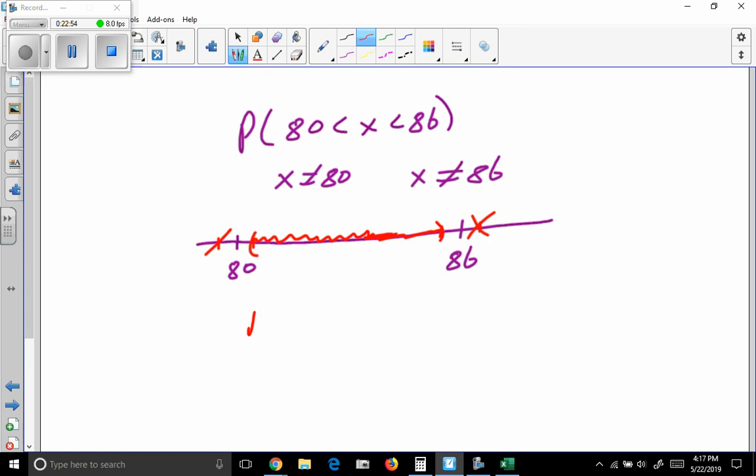So in terms of a normal distribution, we would go from 80.5, the half unit more than 80, to a half unit below 86, so 85.5. So with our correction accounted for, this would not include 80 or 86, because those are not included in the binomial.